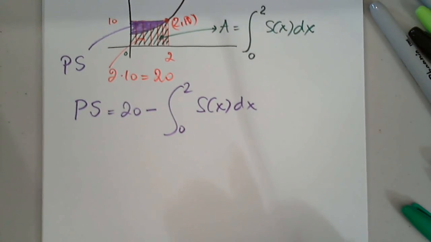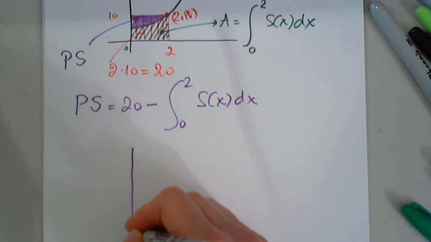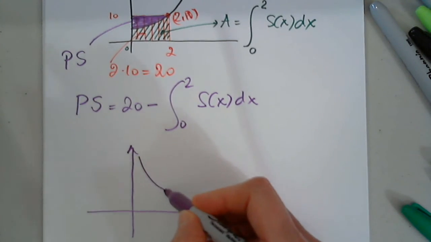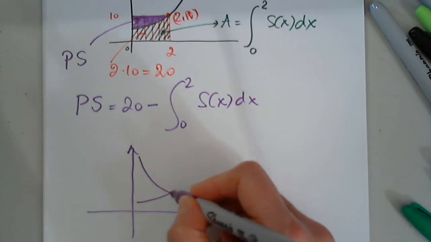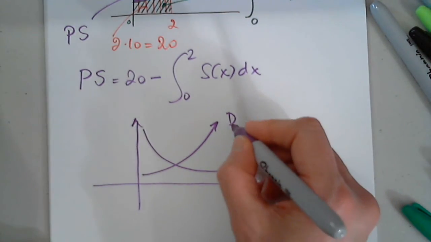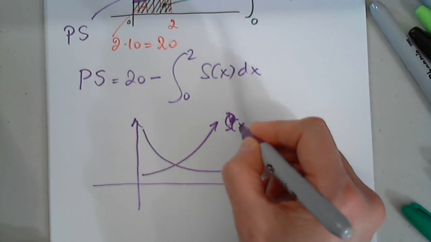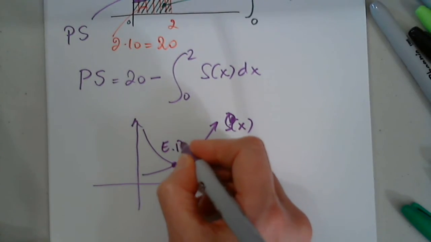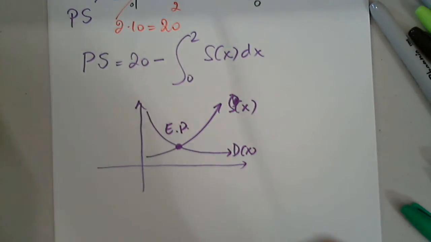And finally, without further ado, let's talk about what happens exactly at the equilibrium point. So this is the demand. Of course not. This is the supply, and this is the demand. And this is the equilibrium point. So what will happen here?